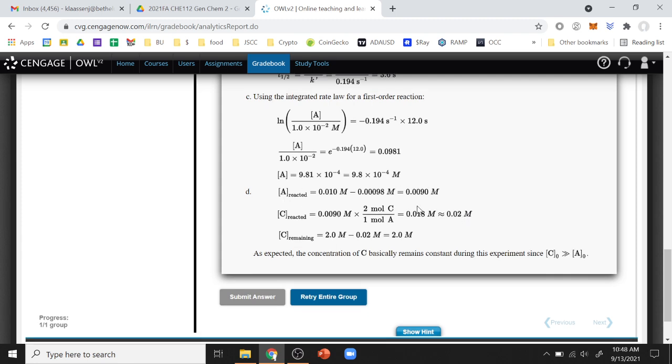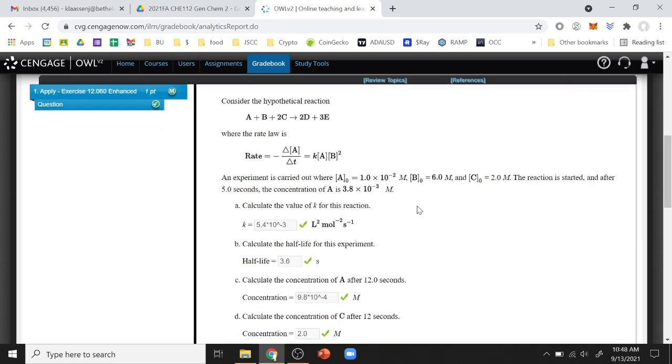Yeah. Does everybody understand why D just ends up with the same number? Yeah. Okay. So D is actually only going to be, so the maximum amount of C that can get used is going to be 2 times that value right there, right?